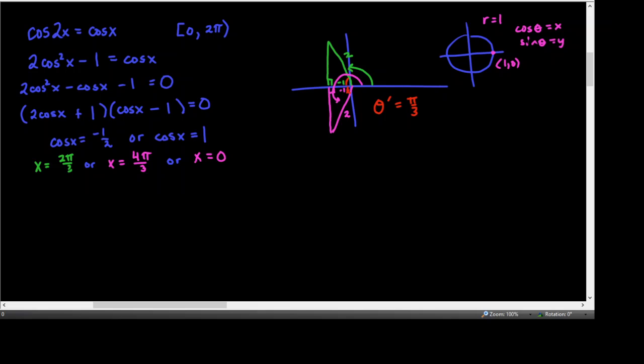Since we didn't square both sides or divide both sides by a variable, we do not have to worry about checking for extraneous solutions. It never hurts to check your answers if you want to, but it's not required if you've not made any mistakes. All of these answers should be good.